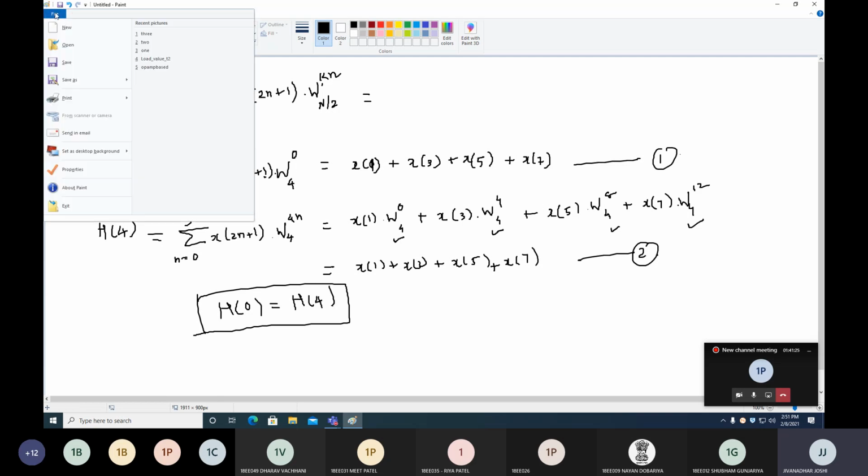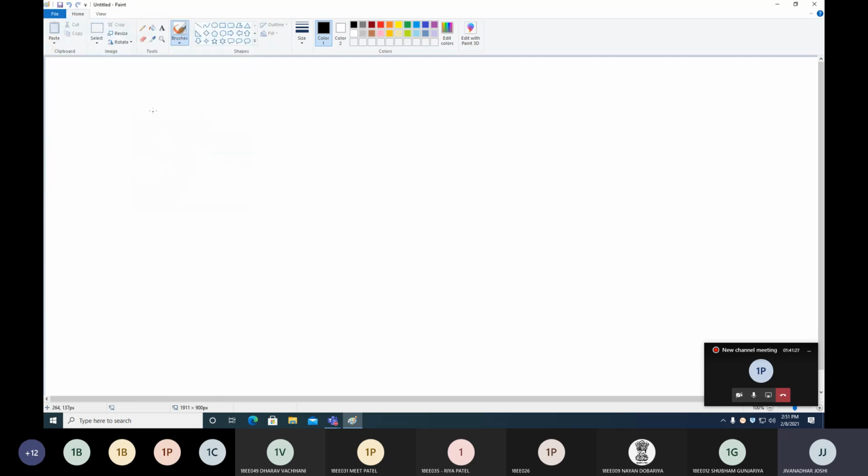So now it's time to draw the butterfly diagram for capital N equal to 16, instead of N equal to 8. So there are totally 16 samples in my sequence. So how many stages will be there? P equal to 4. Yes, 4. Let us draw for 4. Let me take a line here.